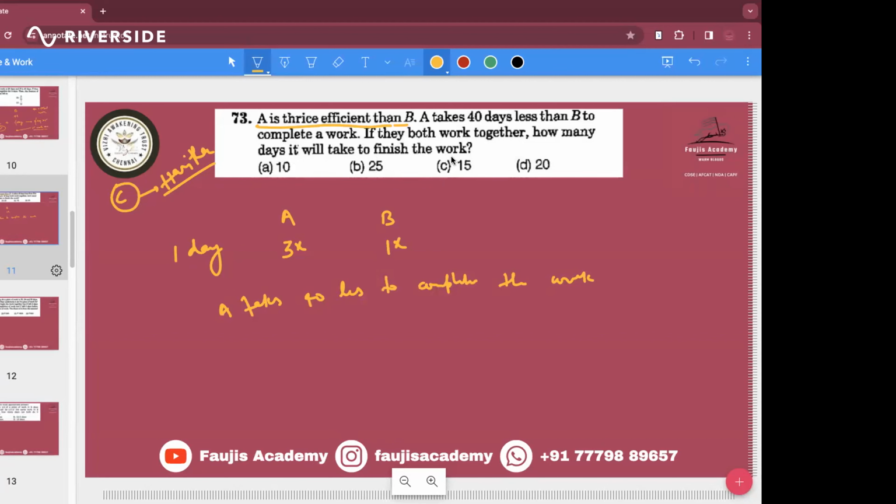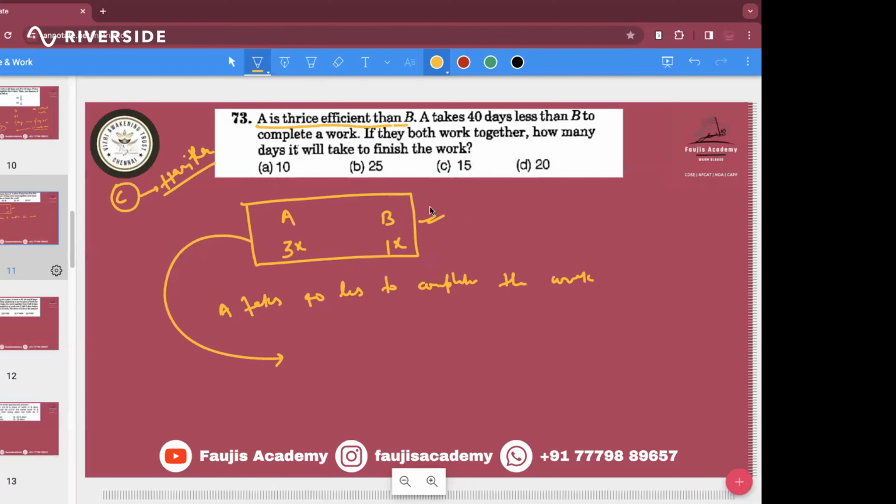We are assuming this is the efficiency of B and A. Let's forget this 1 day concept for now. If A and B are efficient in this manner, how much time will they be taking? A is able to work 3x and B is able to work 1x, right?